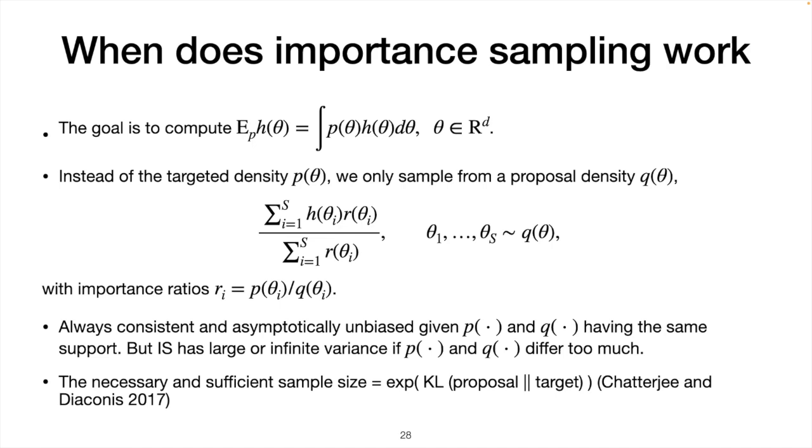Now, this importance sampling estimate is always consistent and asymptotically unbiased as long as P and Q have the same support.